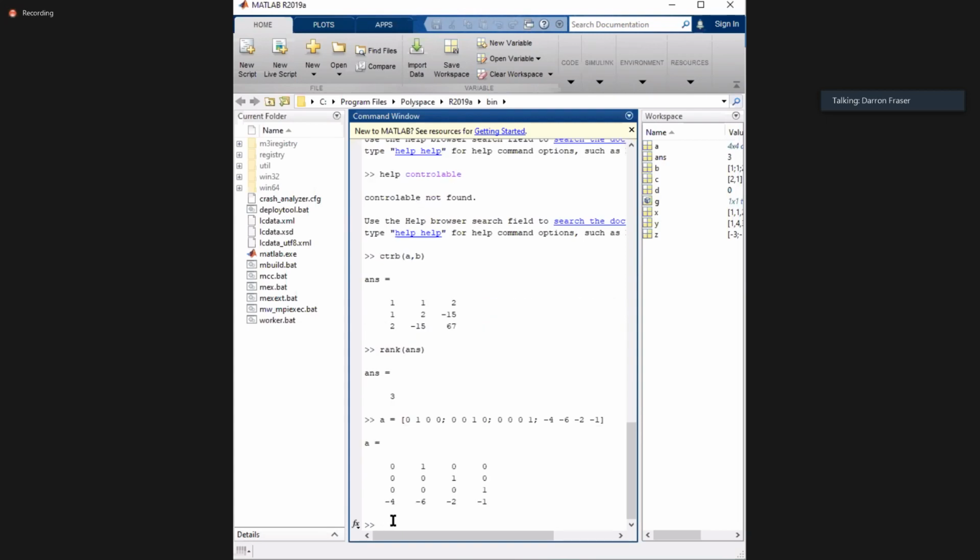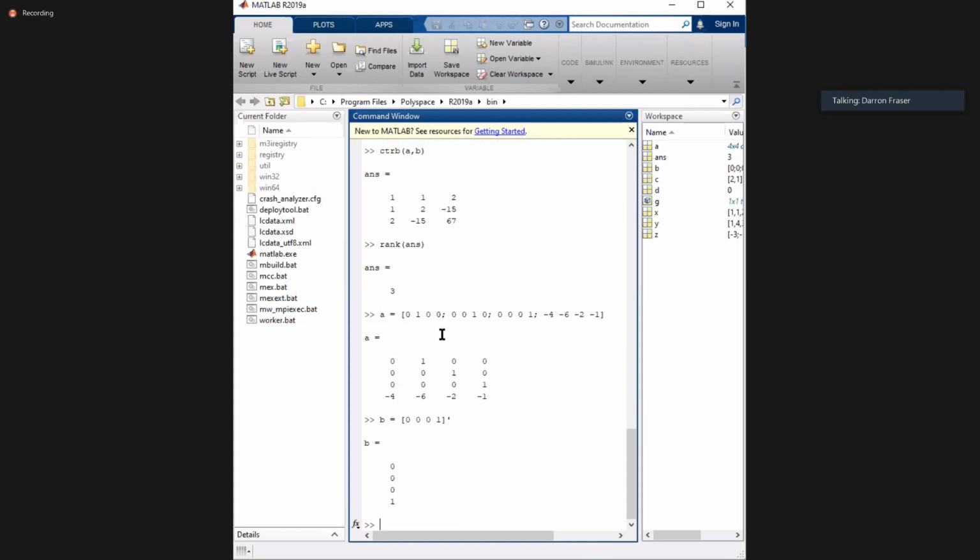B is equal to 0, 0, 0, 1. You have to put a bracket, then an apostrophe.